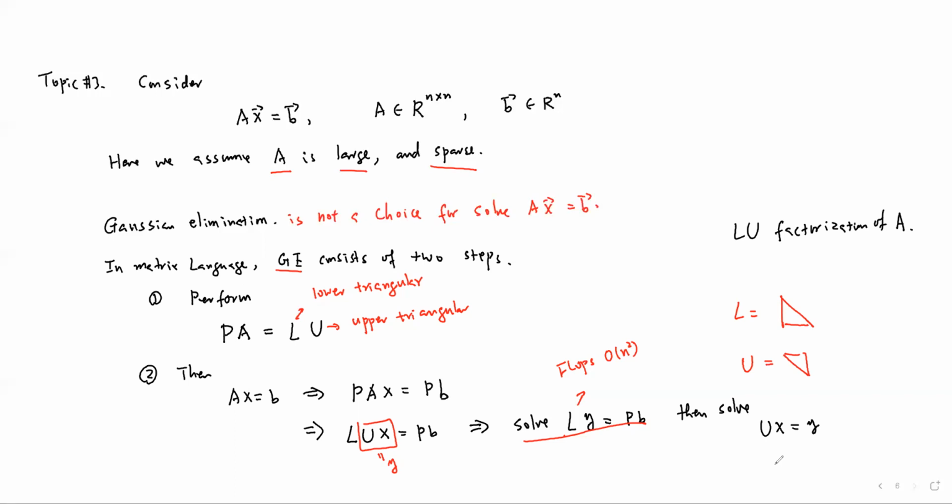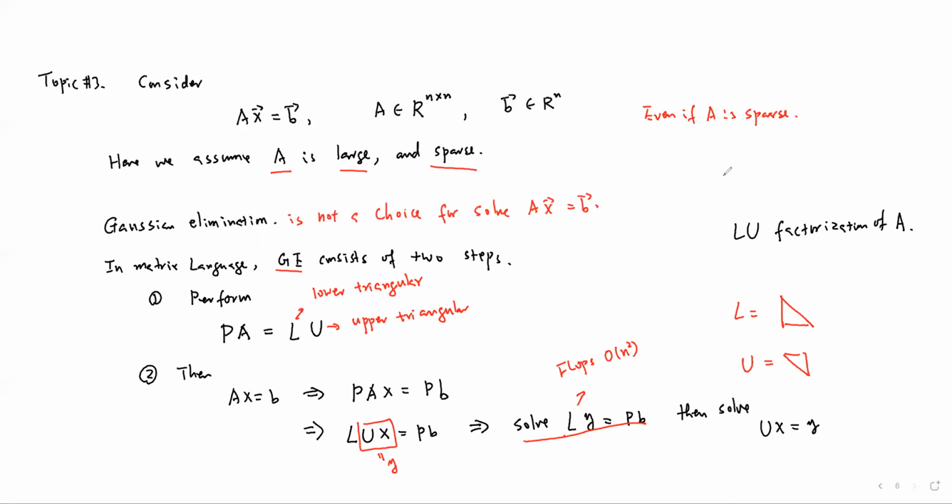Okay. Then what is the problem with Gaussian elimination? The problem is, even if A is a sparse matrix, the storage requirement is very light, right?